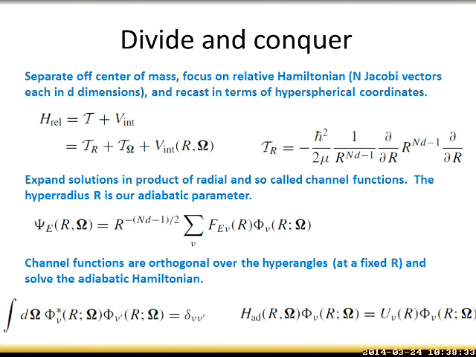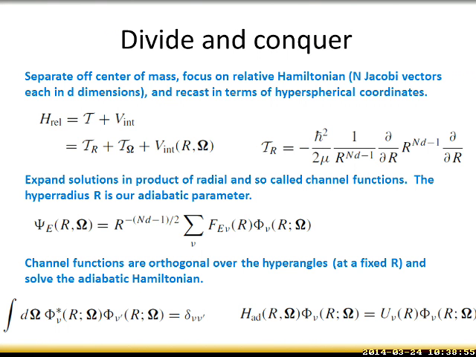What's interesting about doing this is that we end up with a single length, the hyperradius, and everything else is given as a hyperangle, where the Jacobi vectors describe two of the angles, the polar and azimuthal, and the ratios of the lengths of the vectors give us all the other defined hyperangles.